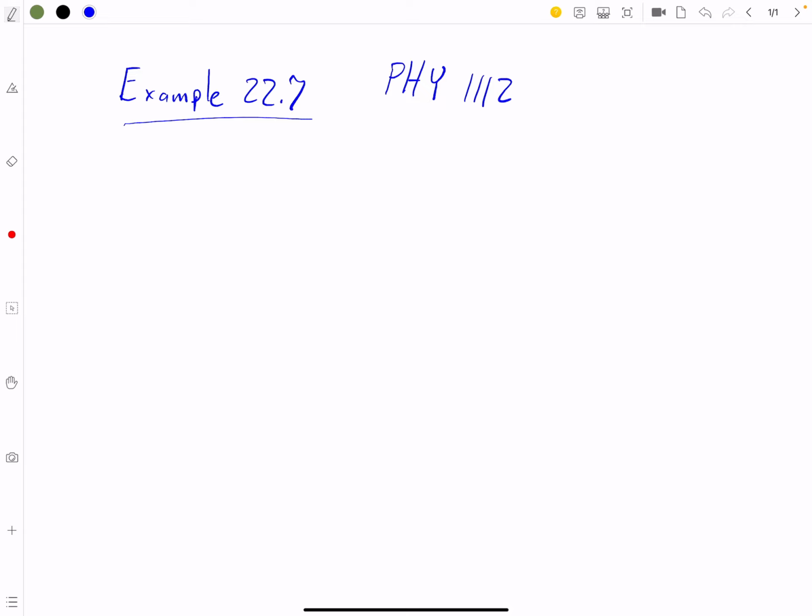Okay, so we were doing example 22.7, but what is it that we're really talking about? We're talking about how to get a magnetic field from a current. So let's say we have current coming in, we've got this perfect circle, and then current going out.